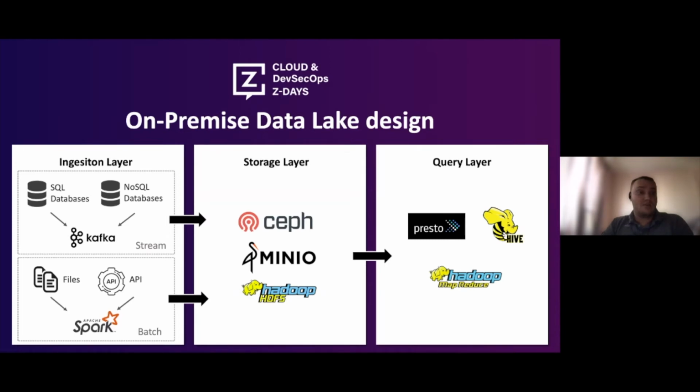For the ingestion layer, things that you want to ingest, mostly this would be SQL databases and NoSQL databases. The easiest and best way to ingest them is to use Kafka, and then use some change data capture approach like Debezium to put the replication data from SQL and NoSQL databases into Kafka.